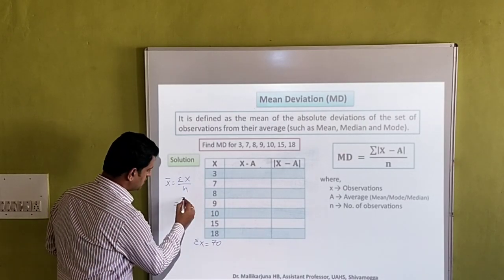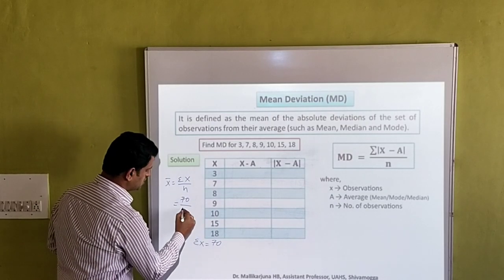Here summation of x is 70 and n, the number of observations, is 7.